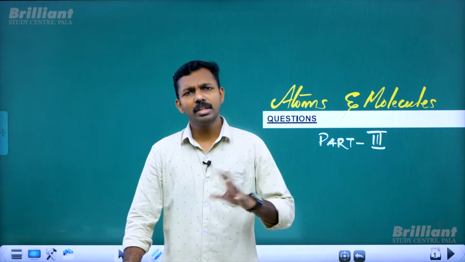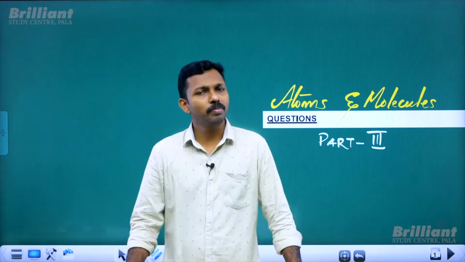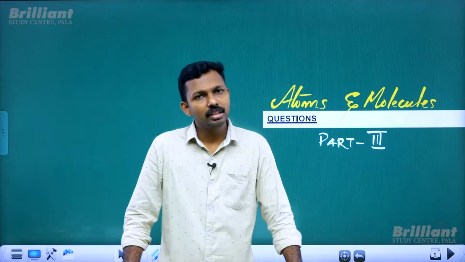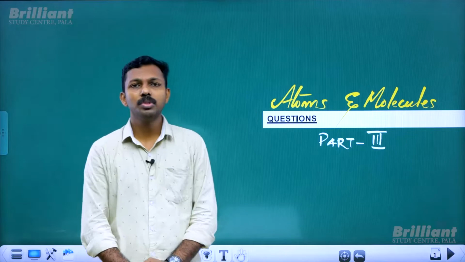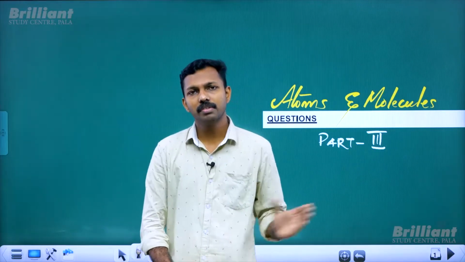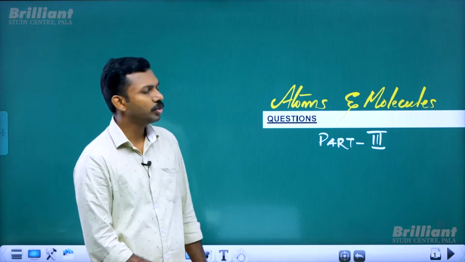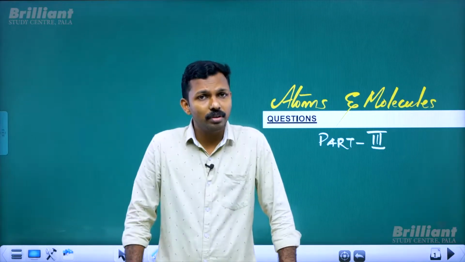So many things we discussed in the last two parts, right? Now, I think all of you studied the chapter well, and it is time to practice our questions. So in this part we are going to discuss the questions given in your exercises.